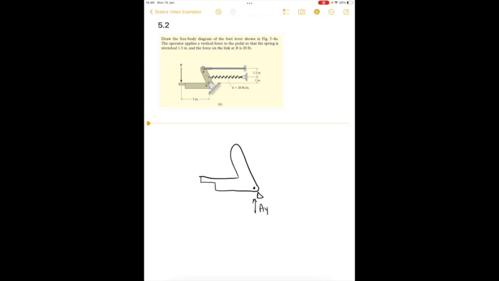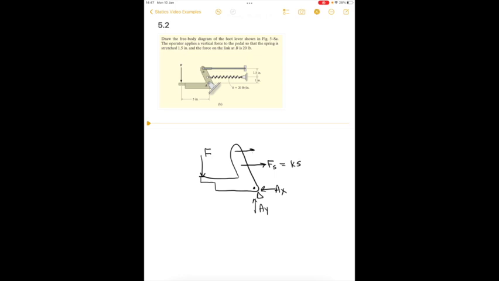So we only have forces, I'll call those AX and AY. We also know that there's an external force, F, and we're told that there's a spring force, so I'll call that Fs. That's equal to the spring constant times the stretch distance.